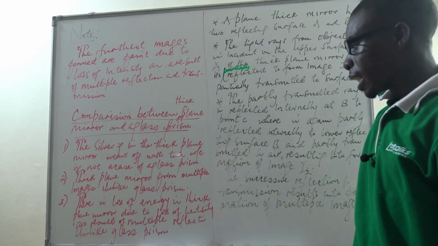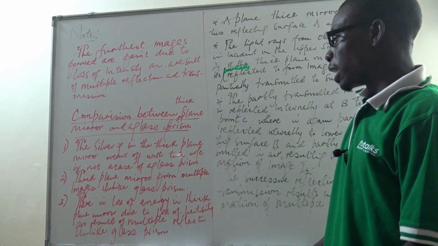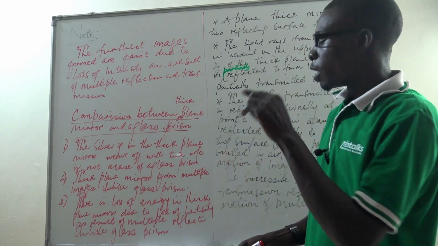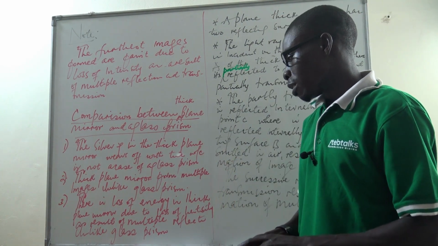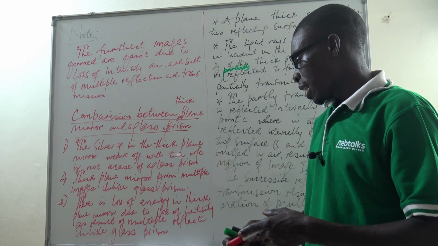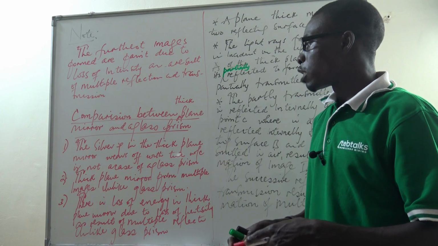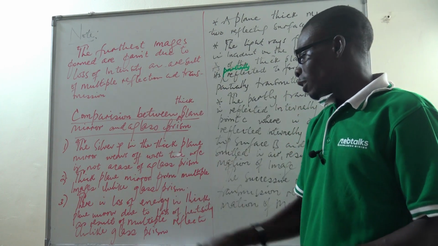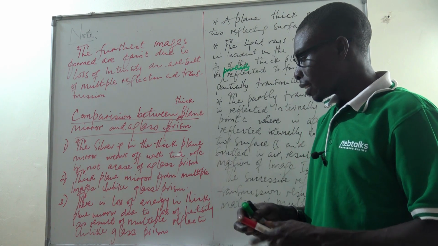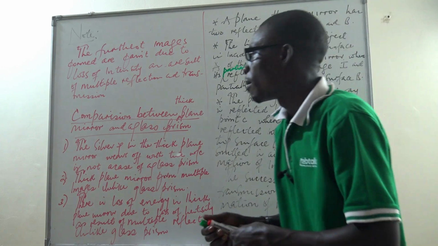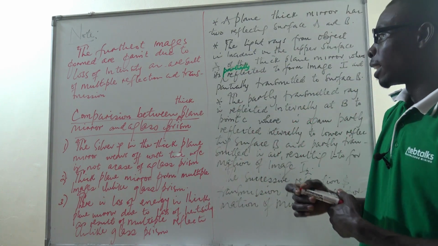Okay, so it is very true that in the thick plane mirror there is multiple successive reflection and transmission that will cause some loss of energy, hence intensity, and that makes the image more faint. But that does not even happen in the glass prism. So that gives the glass prism some advantage.